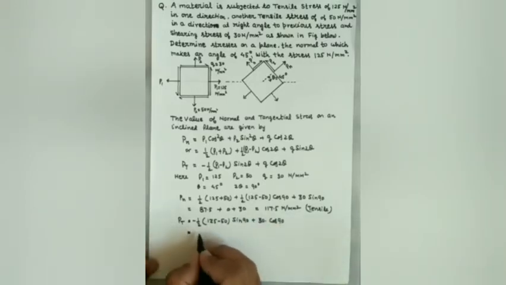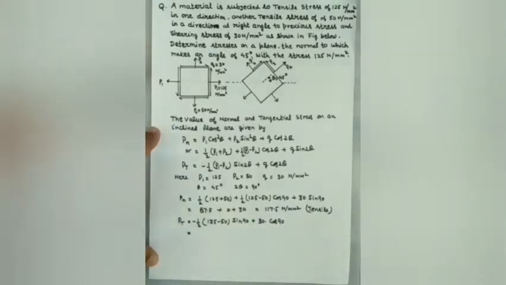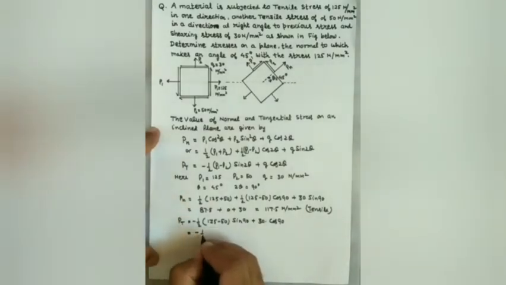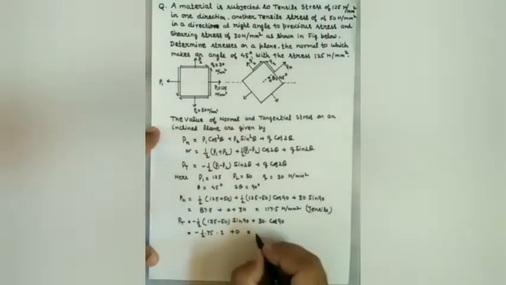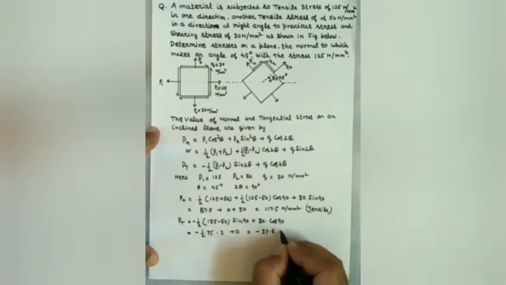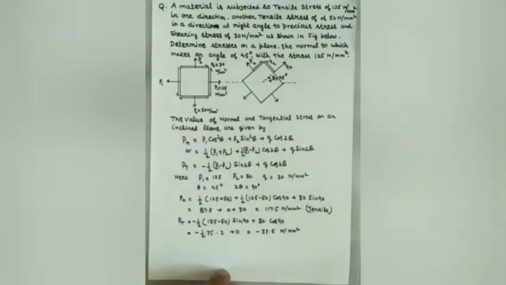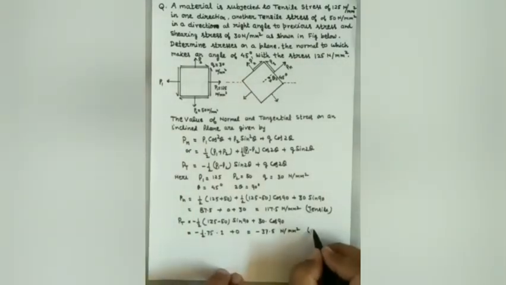So that gives us minus 1 by 2 into 75 into 1 as sin 90 is 1, plus 0 since cos 90 is 0. So this gives a value of minus 37.5 Newton per mm square. The negative sign shows that the direction of Pt is opposite of the one shown in the figure.